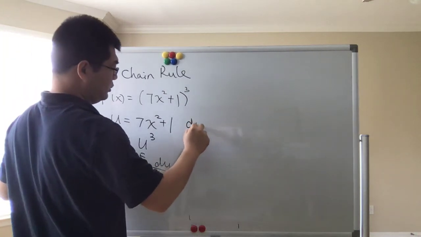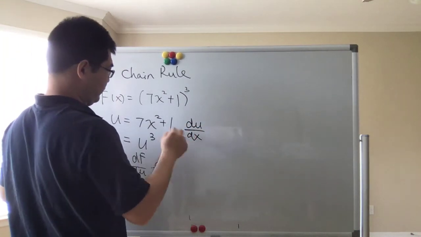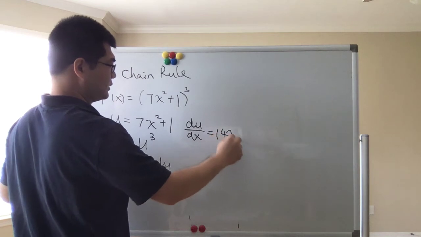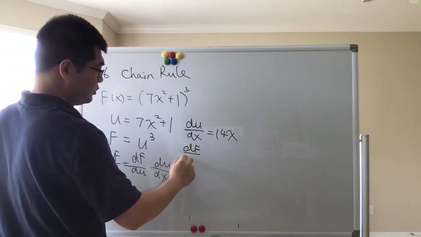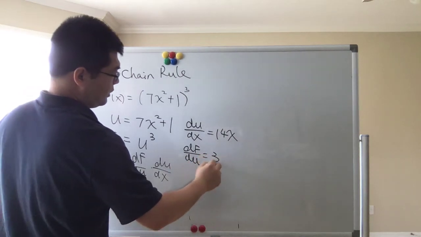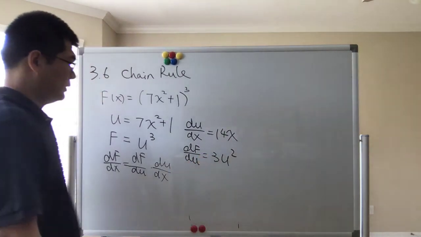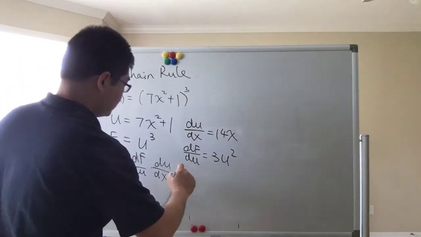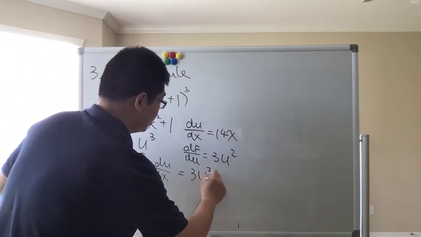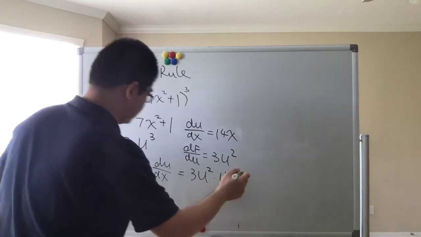First of all, du dx, which is the derivative of this with respect to x, gives us 14x. And then df du gives us 3u squared, right? And then we can make the substitution, which gives us 3u squared times 14x.